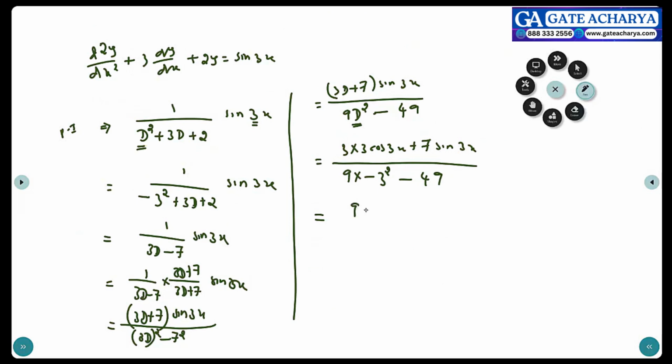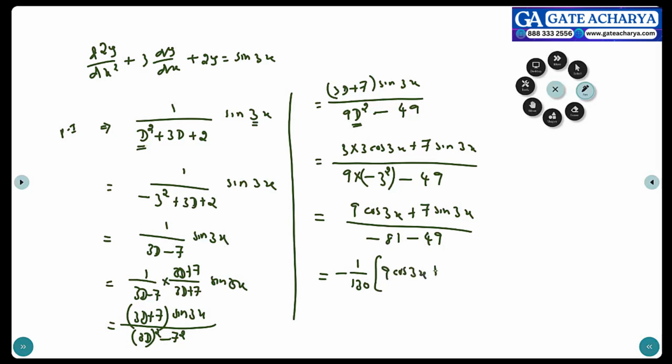So 9 cos 3x plus 7 sin 3x divided by minus 81 minus 49, that is equal to minus 130. So minus 9 cos 3x plus 7 sin 3x over 130. That is the particular integral. Okay.